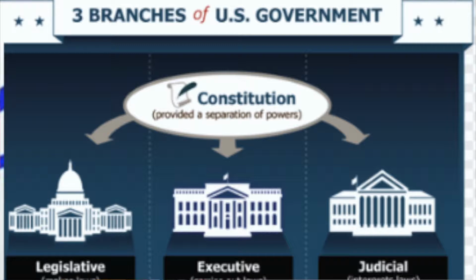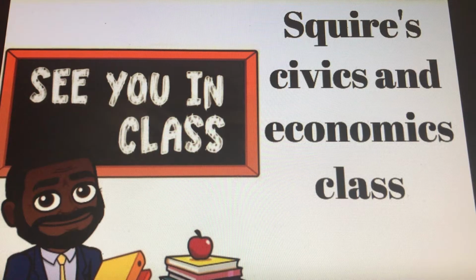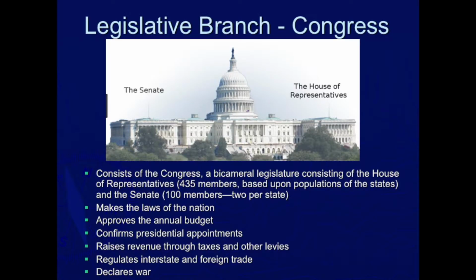To better understand each branch and its powers, we're going to take the time now to break down each so that we can better understand it. Got it? Good. So, the legislative branch.